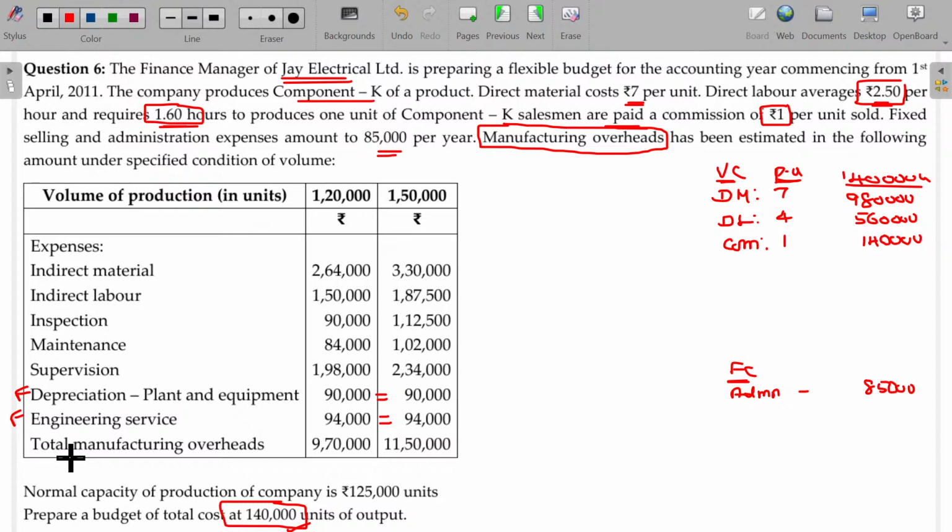Is that okay? So here we have the depreciation being 90 remains constant. Am I right? Fixed cost remains constant at all levels. Engineering 94,000, constant at all levels.